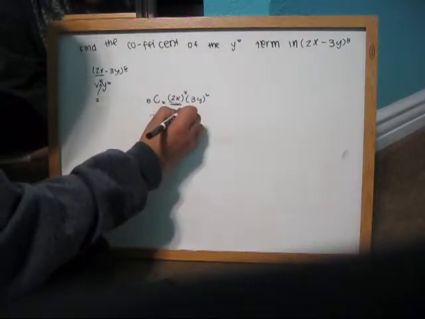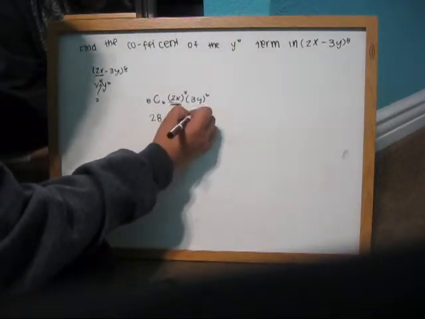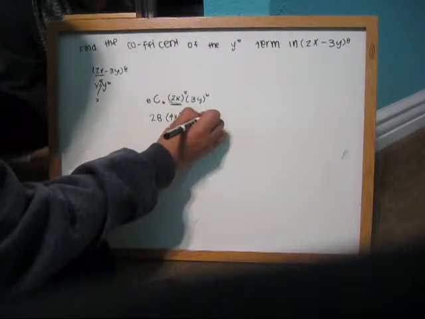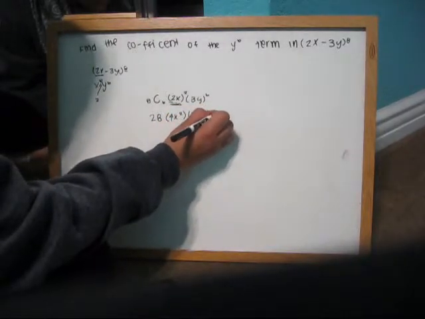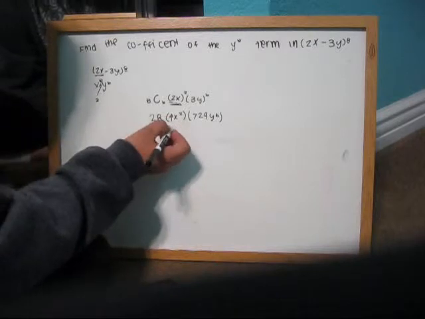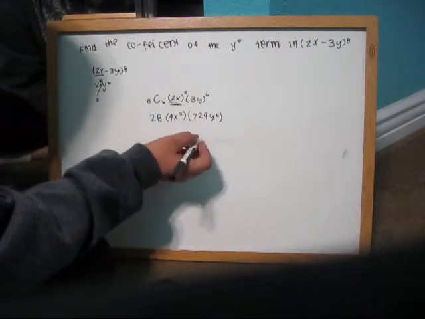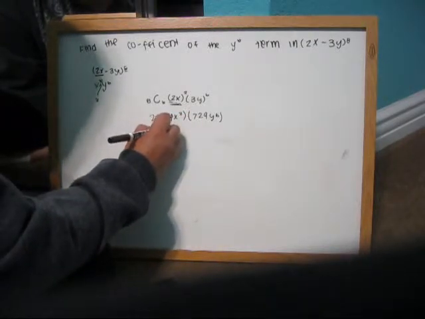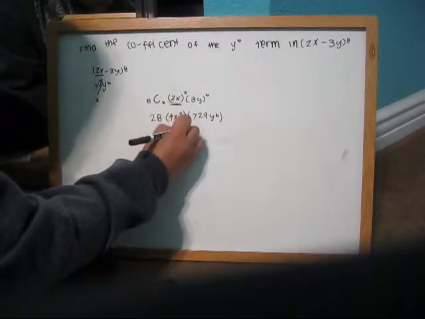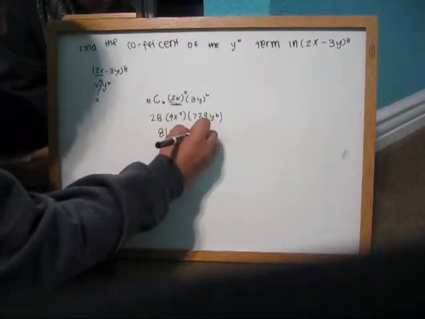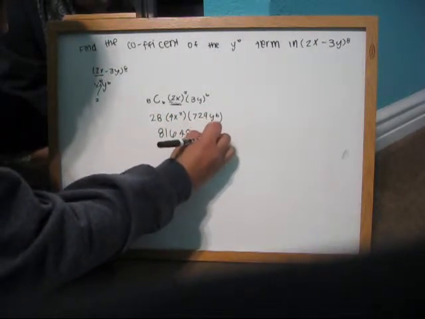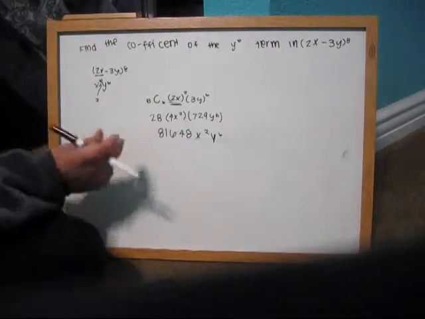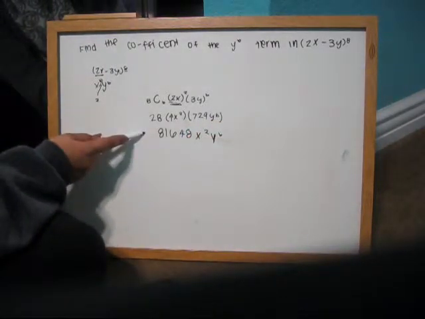That's just 4x squared and 729y to the 6th. Then you simplify that out and you get 81648 x squared y to the 6th. So I hope that's what you got.